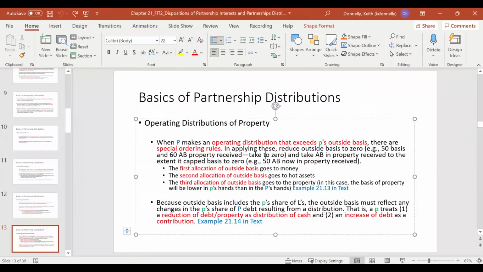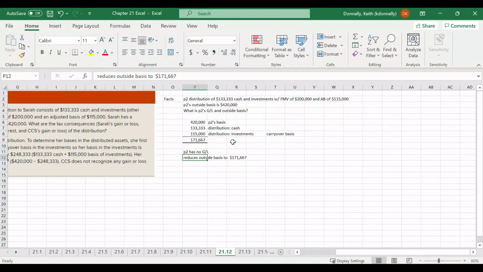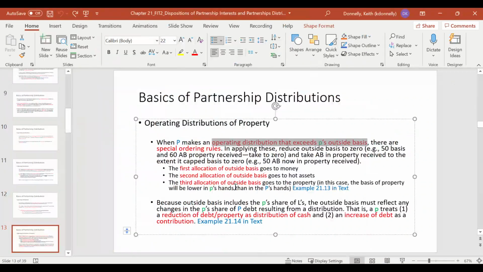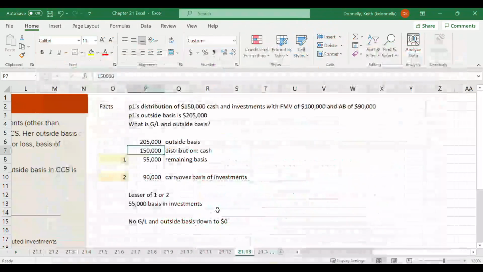So we're going into an operating distribution that exceeds an outside basis. Whereas in distinction right here, we had an operating distribution that did not exceed our outside basis. So the first thing we do here is we reduce our basis by cash, right there, the money we got.